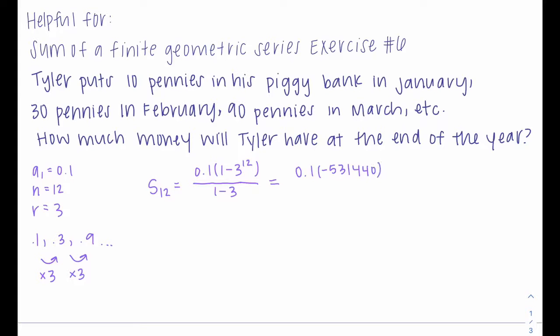So you're probably going to get a big number there, over negative 2. And that is going to be equal to 26572. So that's $26,572. That is a lot of money. And there's your answer.